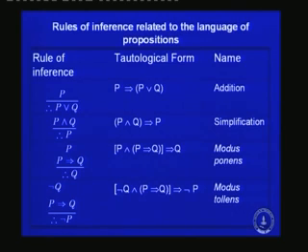These are the rules. From P you can conclude P or Q, or in the tautological form, P implies P or Q. The name of the rule is addition. And if you have P and Q, from this you can conclude P, or in the tautological form, P and Q implies P, and this rule is called simplification.